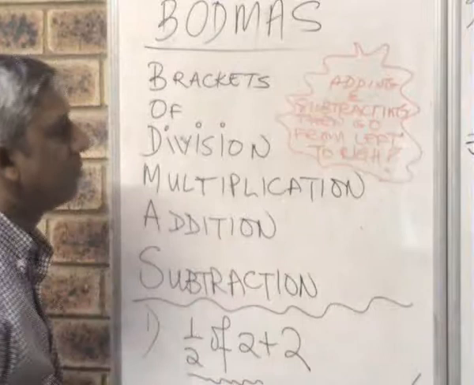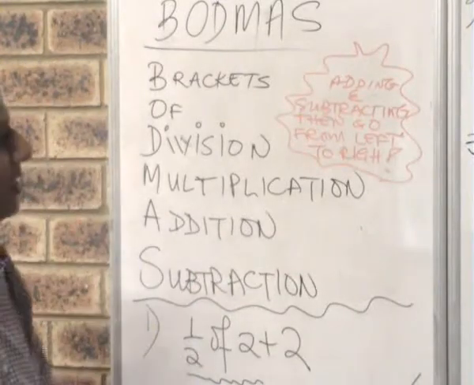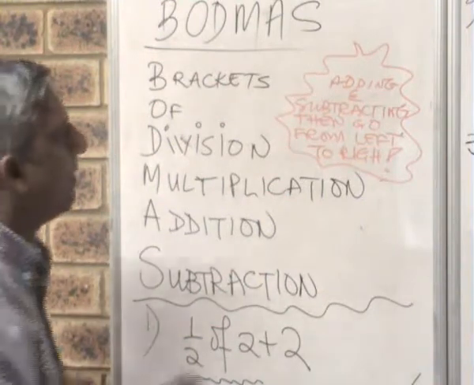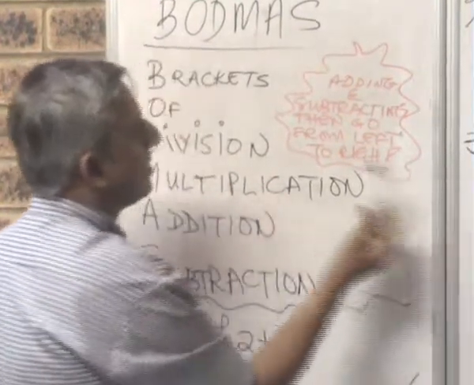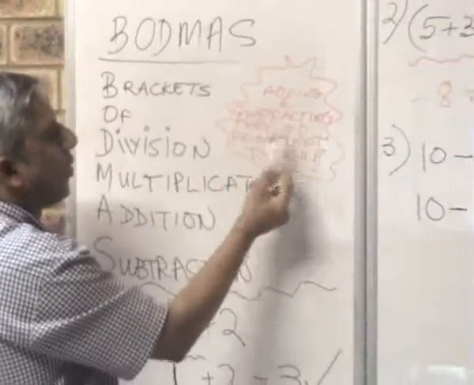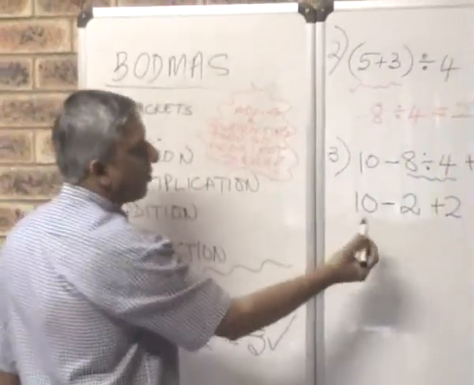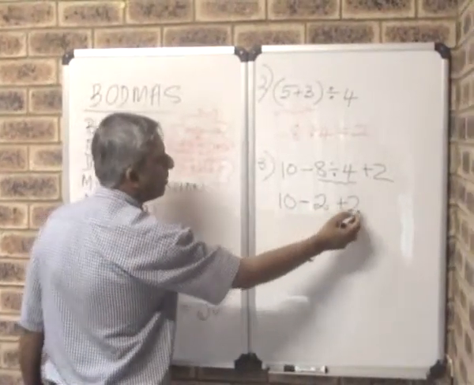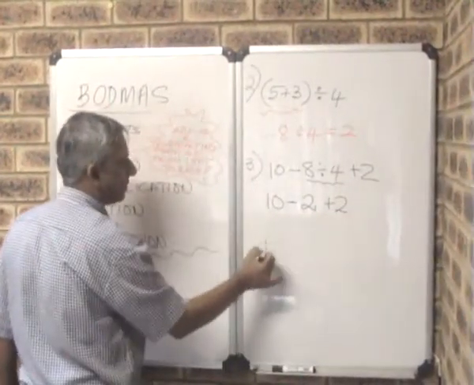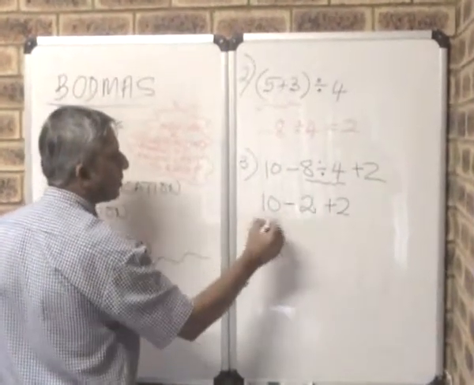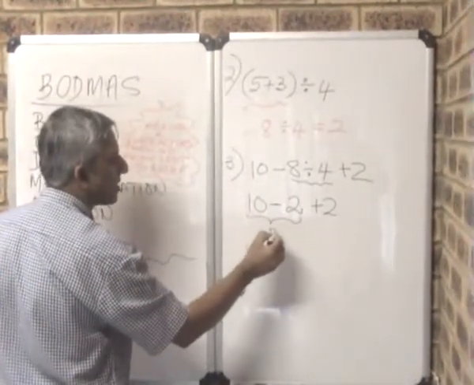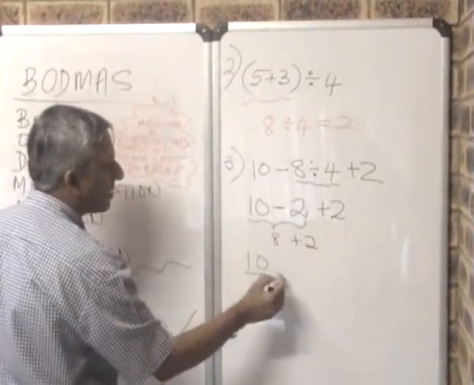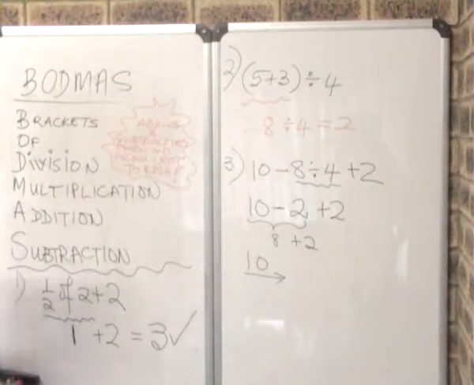Now this is a very nice and powerful little rule, and it helps to solve a lot of problems for you. So when you're adding and subtracting, go from left to right. So if I go from left to right, 10 minus 2 is 8, and then 8 plus 2 is 10. 10 minus 2 gives me 8, and then the 8 plus the 2 gives me my final answer, 10.